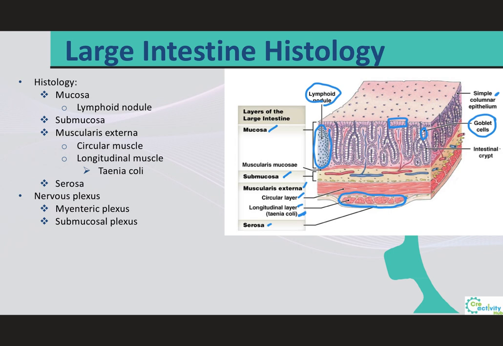The submucosa and the muscularis externa will continue to have the nervous plexus because we do need muscle contraction and gland secretion. Therefore, the submucosa will contain the submucosal plexus, and the muscularis externa will contain the myenteric plexus between the circular muscle layer and the longitudinal muscle layer.